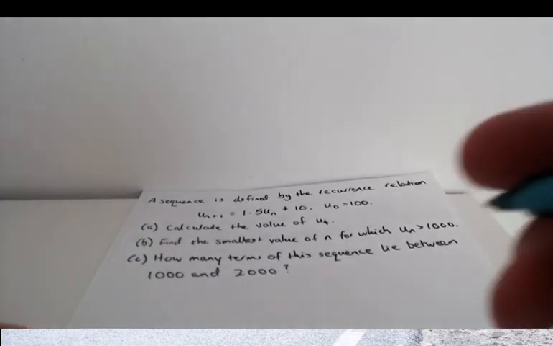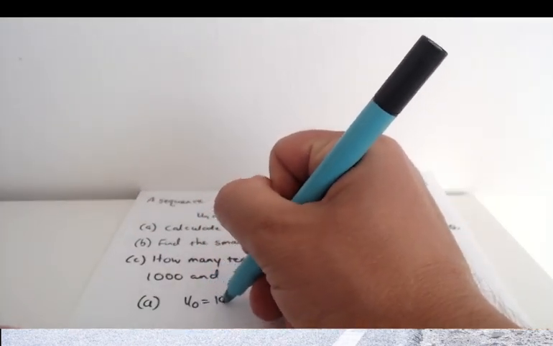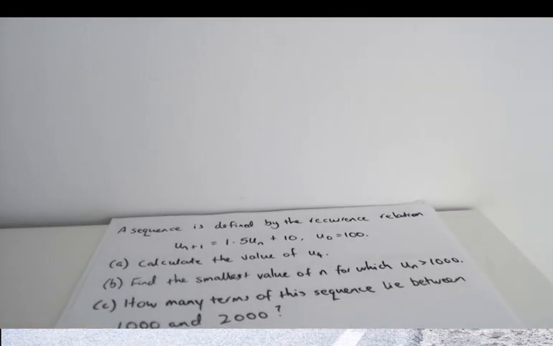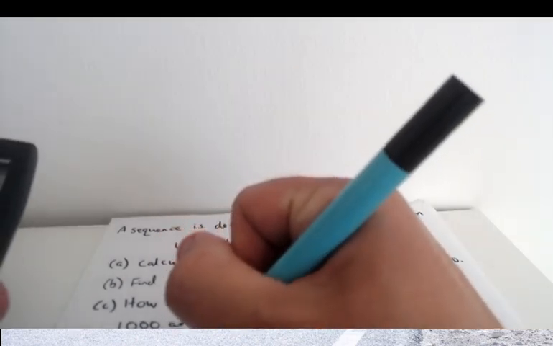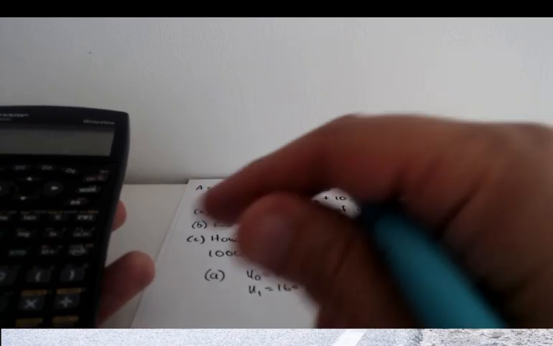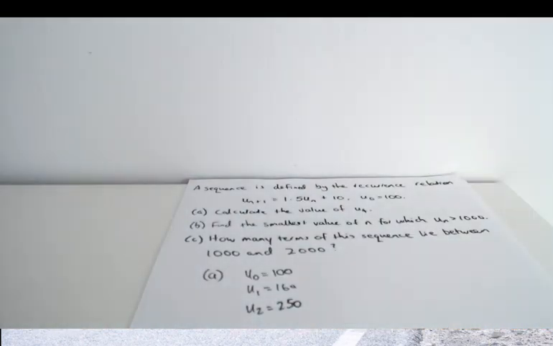Right, how was that? Part A, U0 equals 100. Using the fast method, using my calculator, so hit 100, hit equals, times by 1.5, add 10, hit equals. My next answer for U1 is 160. Hit equals, U2 is 250, and I hit the wrong button, so I shall have to do this again.